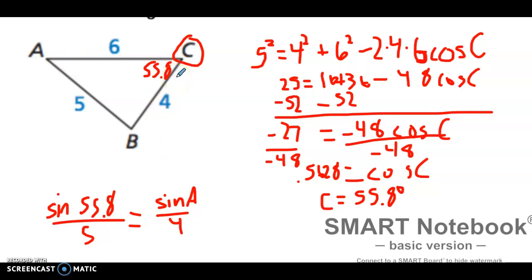I grab a calculator and I go 4 times the sine of 55.8, find an answer, divide by 5, and I get a decimal, 0.66166, and so on. So I have to find the angle of A. I take the inverse sine of my answer, and I get 41.4.